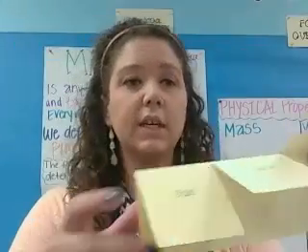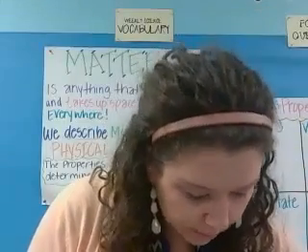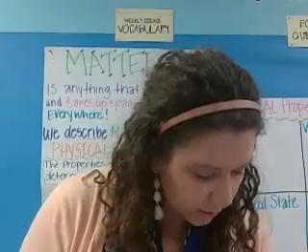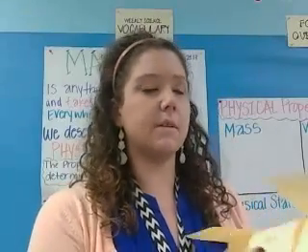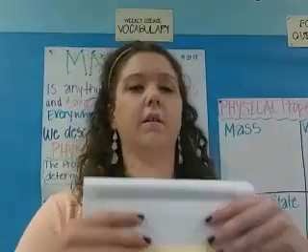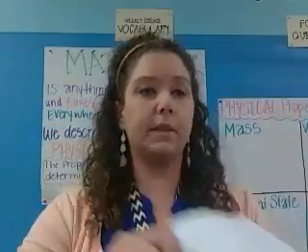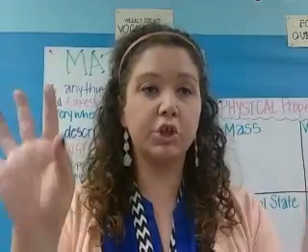Okay, so when you get done, it should look like this. And then when you go to put it on your journal on page 19, it should fit in just like this. And in just a second, I'm going to pull up the journal portion of the video, and so you'll be able to see exactly what your page 19 should look like.